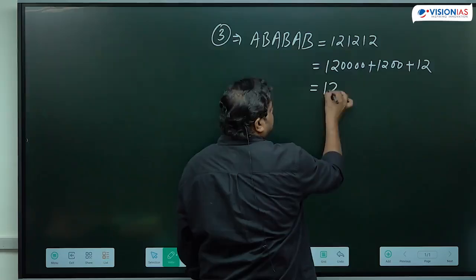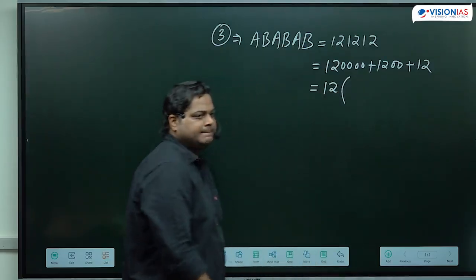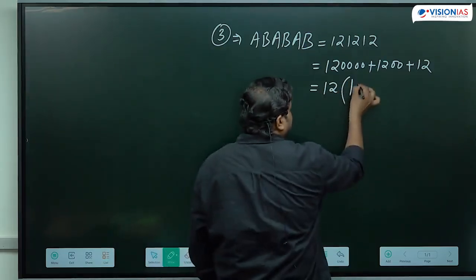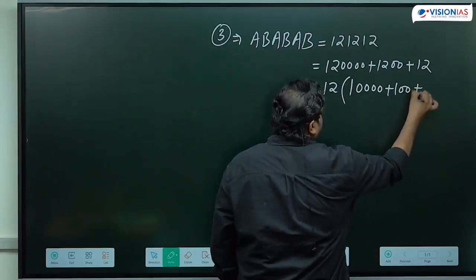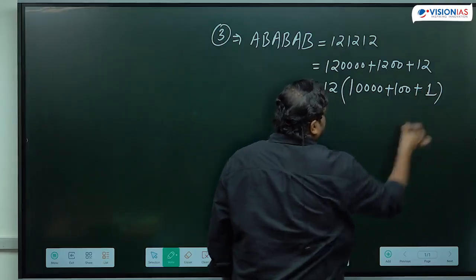We can take 12 common. ये कितना आ गया? 1 0 1 0 1 plus 1.